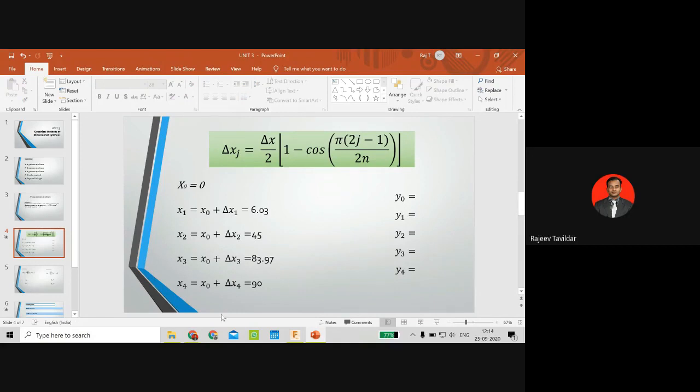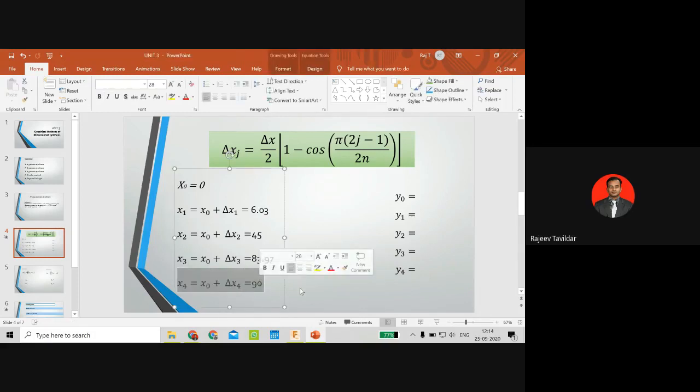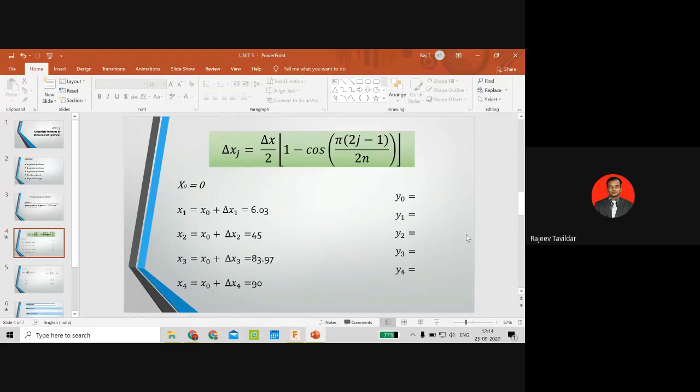There's no need to actually calculate this. It's not compulsory to calculate. You can directly write it, but it is needed to calculate the values of y0 and y4 accordingly. I hope all are getting these answers.